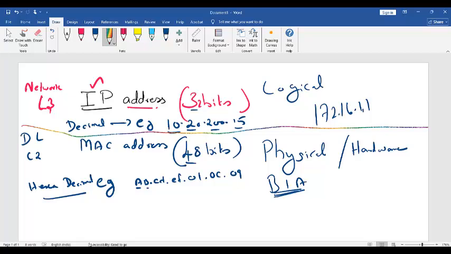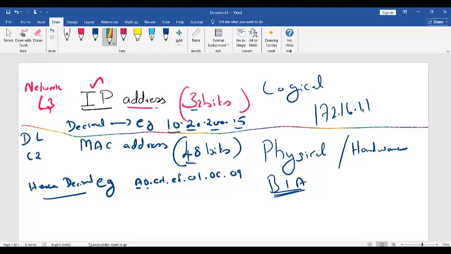Each media has a MAC address. So how many MAC addresses will my laptop have now? 2. But which one is active now? Wireless. I have not connected a physical cable to that NIC card, network interface card, the port. I have not connected any cable.